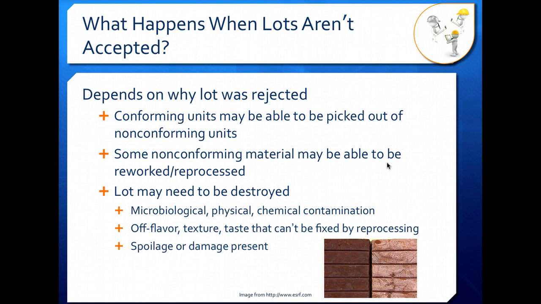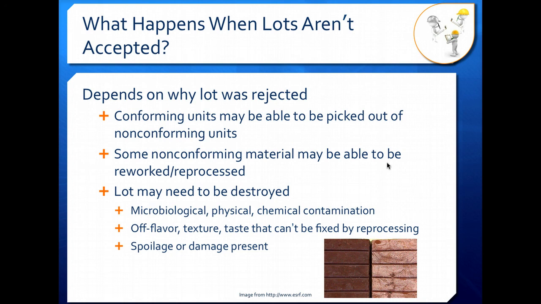So you may not be able to do that if you have a very large lot of non-conforming product. Both of these are assuming that the non-conforming issue or the defect, whatever it was, is not some kind of health hazard. It's not something that's going to be preventative of your product being sold. It's not microbial contamination. It may be that you just made cookies that came out with too few chocolate chips.